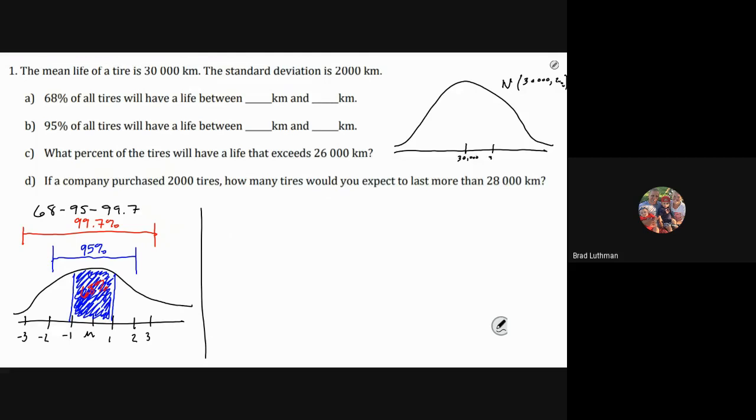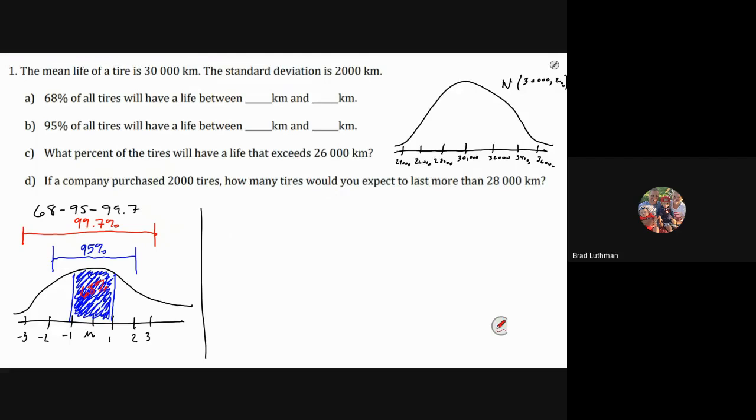Allows us to put a 32,000 because 1 standard deviation above, 34,000, and 36,000. Then 28,000 because 1 standard deviation below, 26,000, 2 standard deviations below, 24,000, 3 standard deviations below.